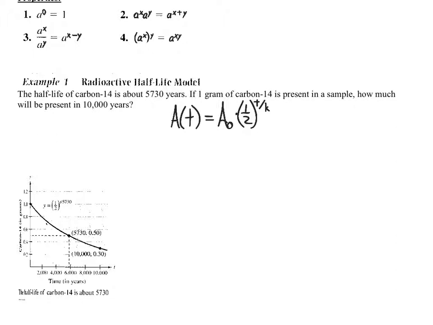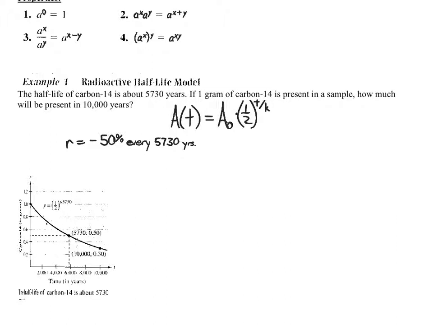All right? Now, the reason why we have to do t divided by k, if you remember back from pre-calculus, is our rate is minus 50%. How often? Every k years. Every half-life. Okay? Every 5,730 years. All right?